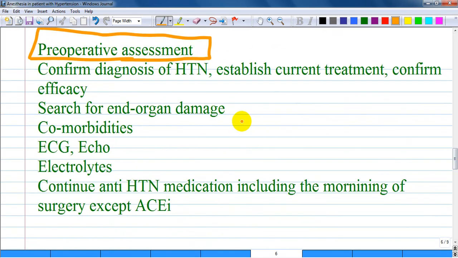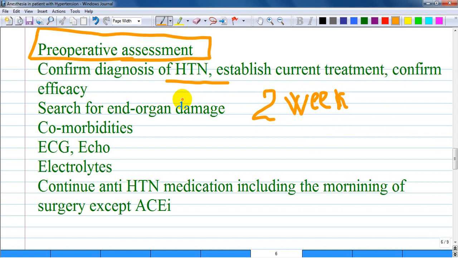And the second part of our lecture: anesthesia in patients with hypertension. We see the preoperative assessment. You should first confirm that the patient has hypertension and that it is newly detected. If it is newly detected, you know the rule of 2 weeks: the patient should come back to you and you measure once again to establish or confirm the diagnosis.